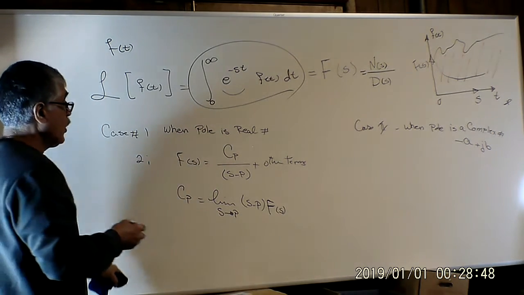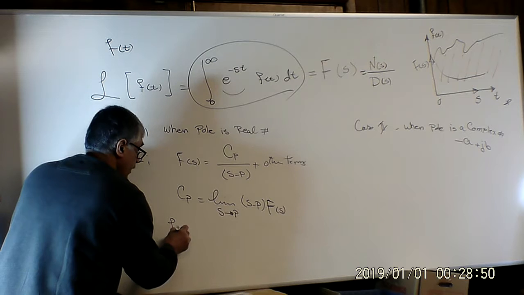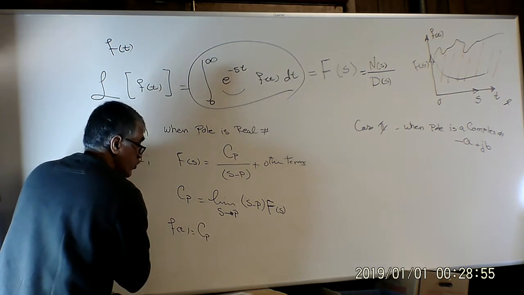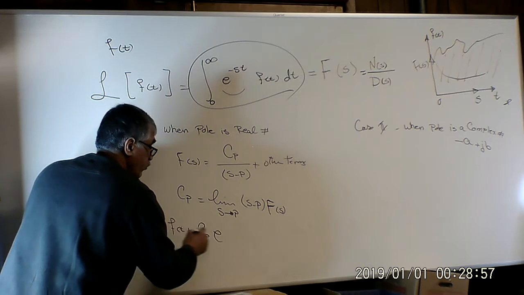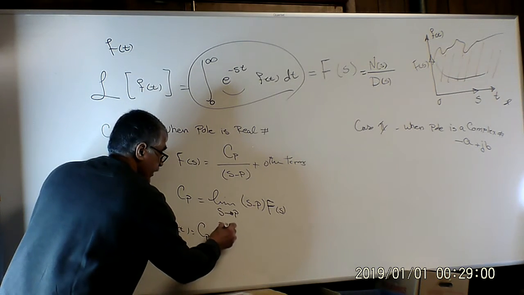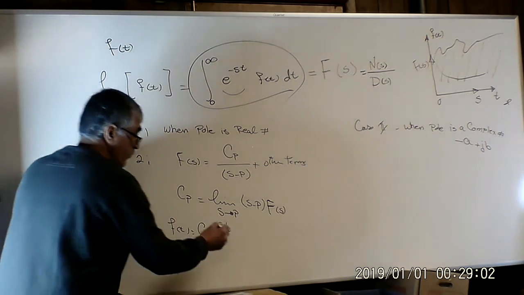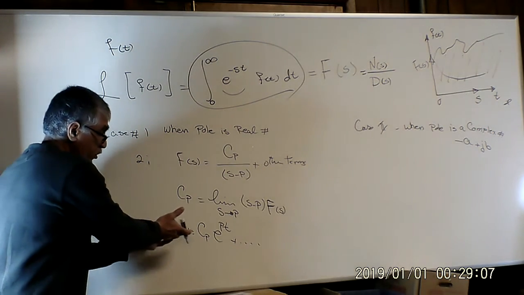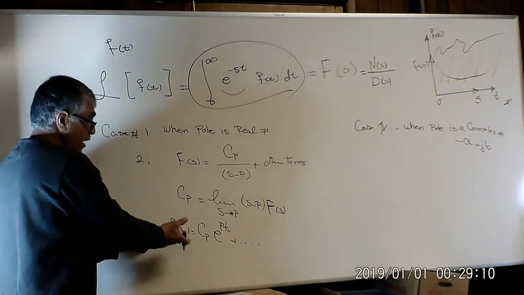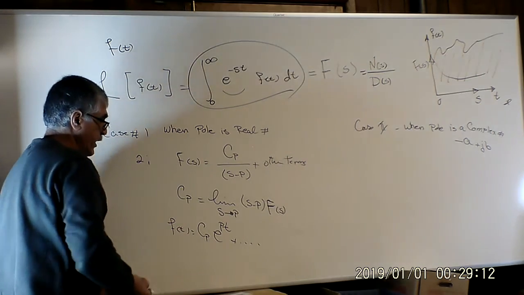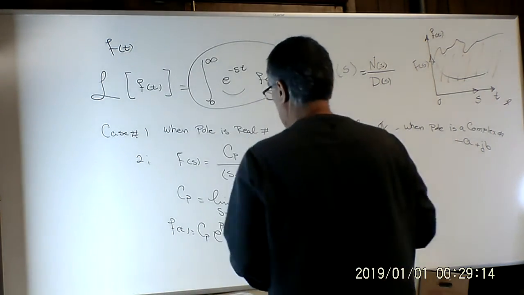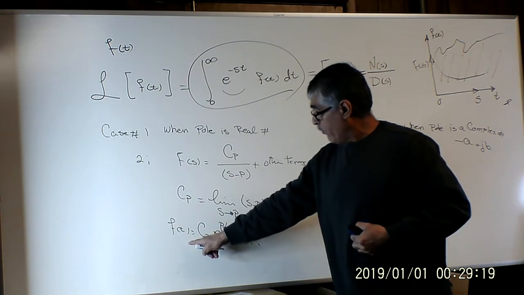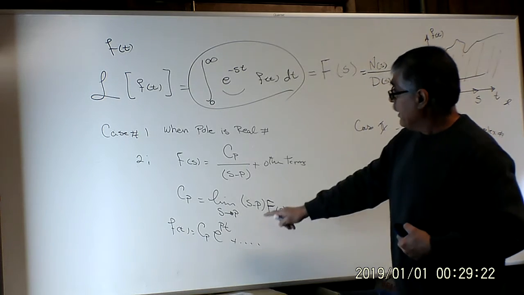Once we find that, our function f(t) will be equal to that constant multiplied by e to the power of our pole times t, plus other terms. If we have more poles, we will have more terms. This is how we find f(t), our original function, when our pole is a real number.